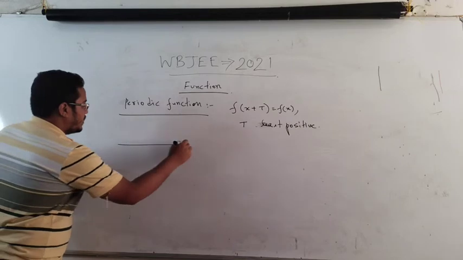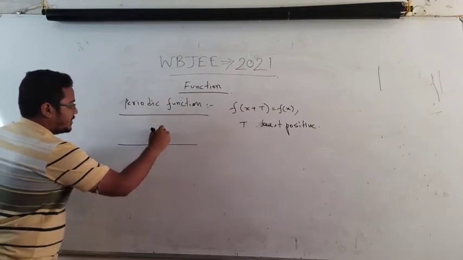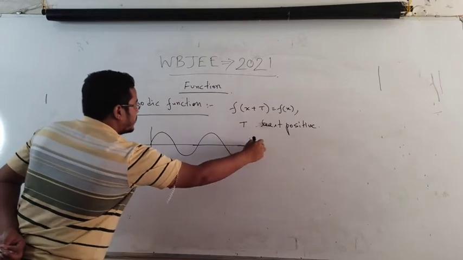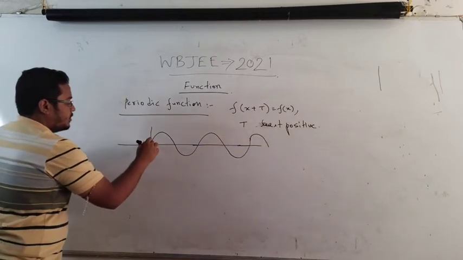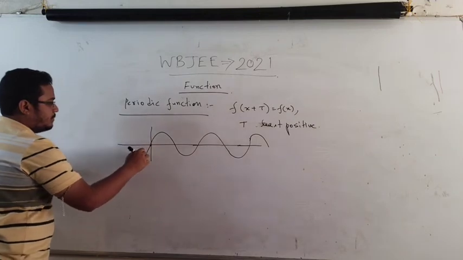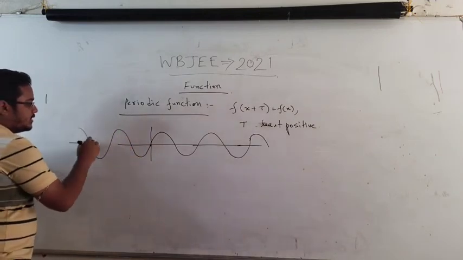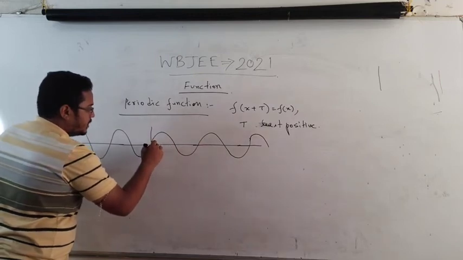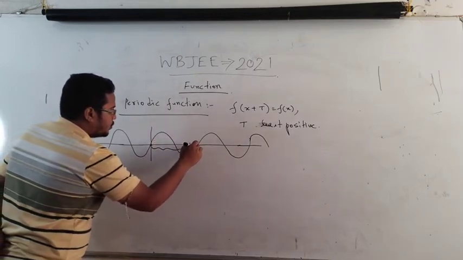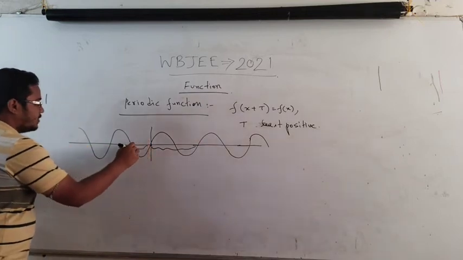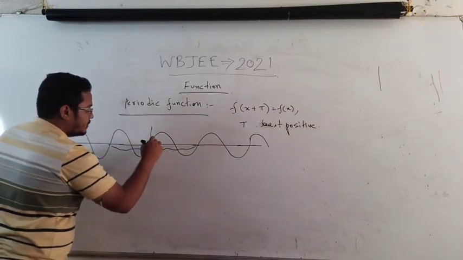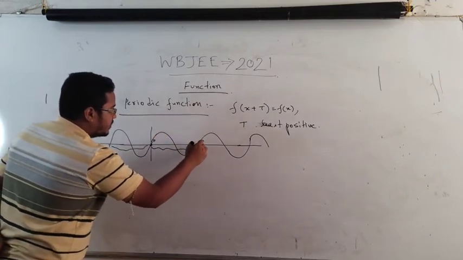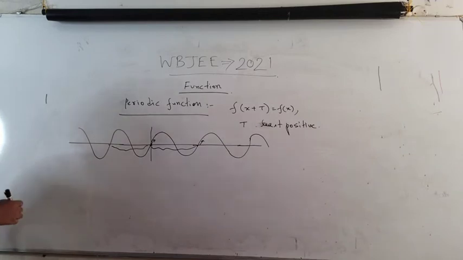For example, sin x is a periodic function with period 2π, because the phase actually matches after 2π units. If we go 2π units to the right or left from any point, then the property matches. Here it is in the upward direction, this is also upward direction. Therefore, the period is 2π.